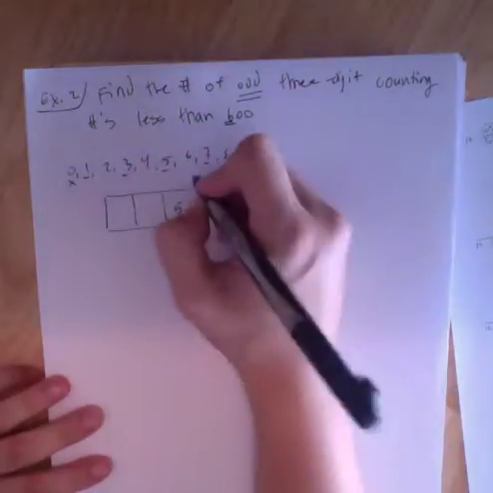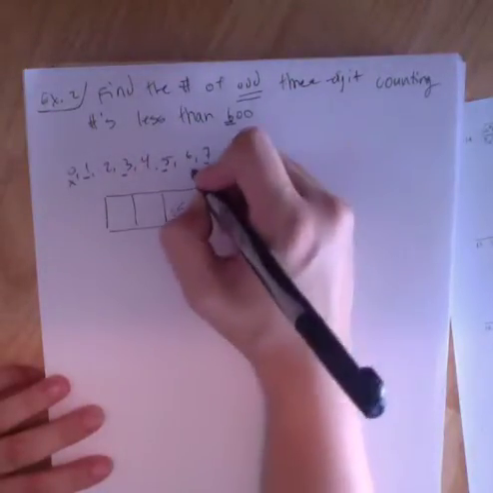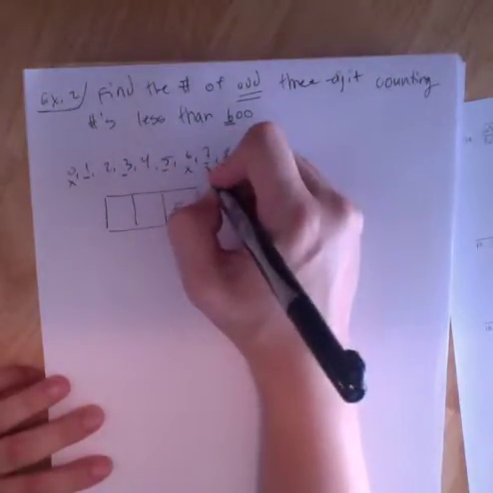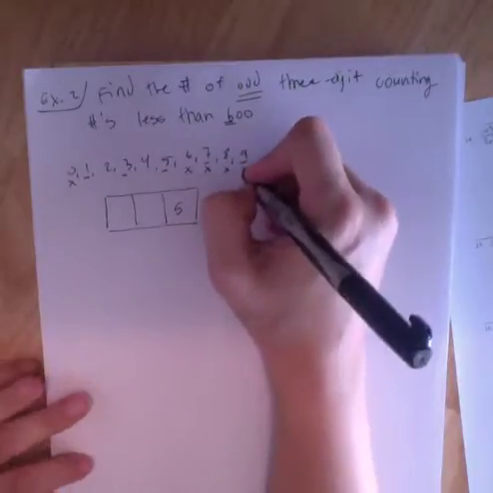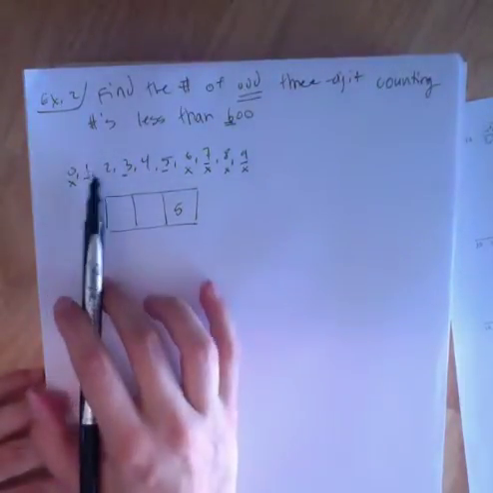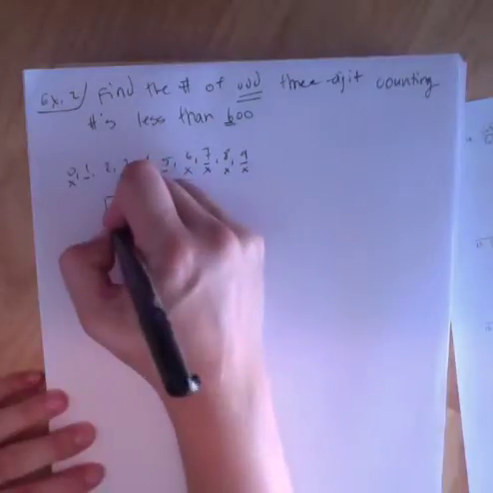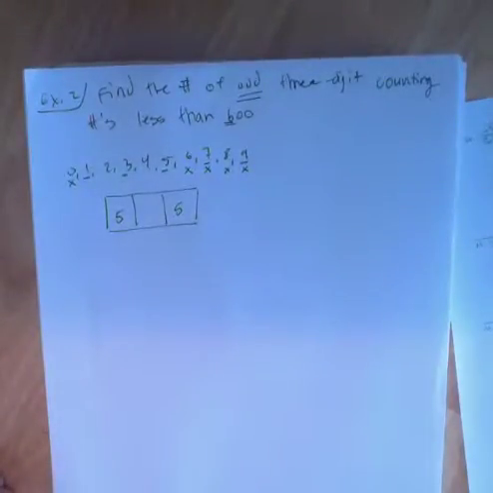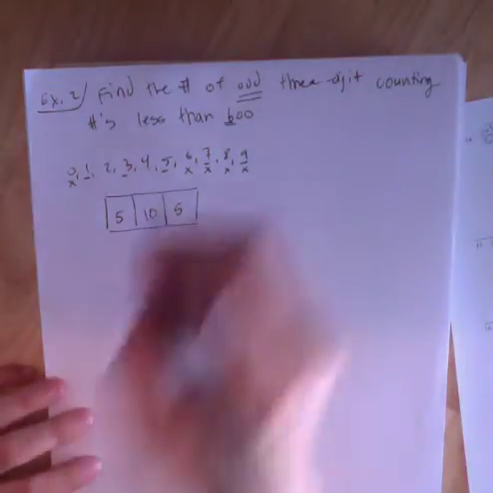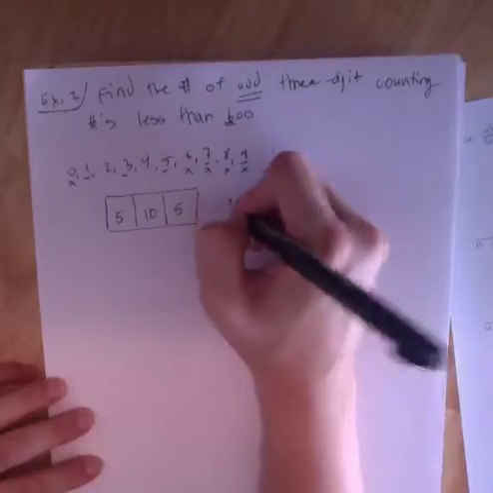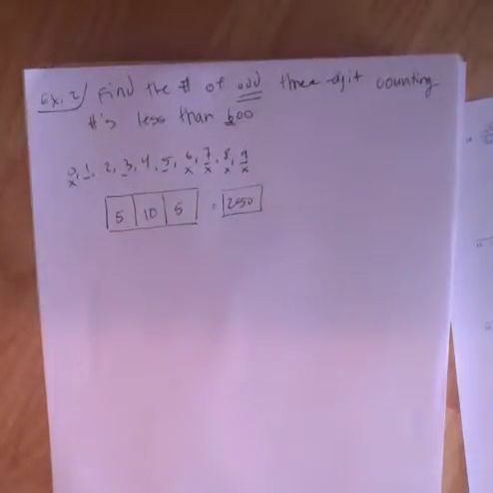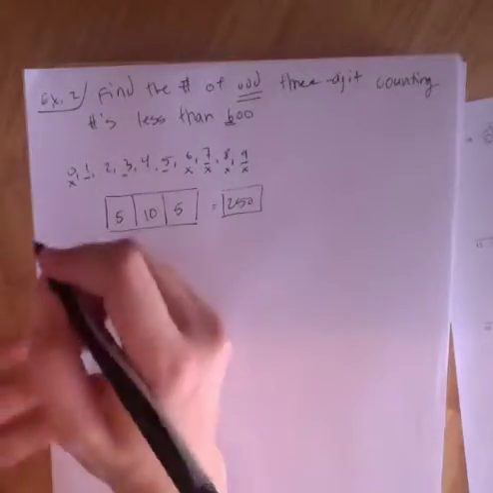Less than 600 means we cannot have 600, 700, 800, or 900, meaning we have 1, 2, 3, 4, 5 options for this first number. And the middle number can be all 10 of the digits. It really doesn't matter. So we do 5 times 10 times 5, which gives us 250 3-digit counting numbers less than 600. Okay, let's do another example.